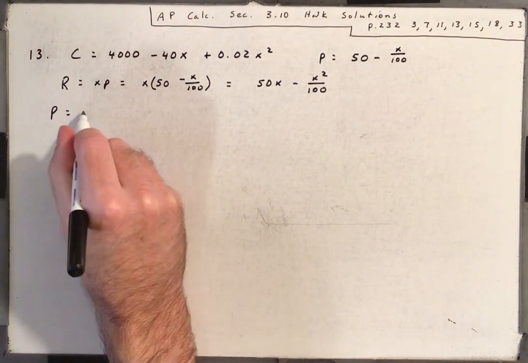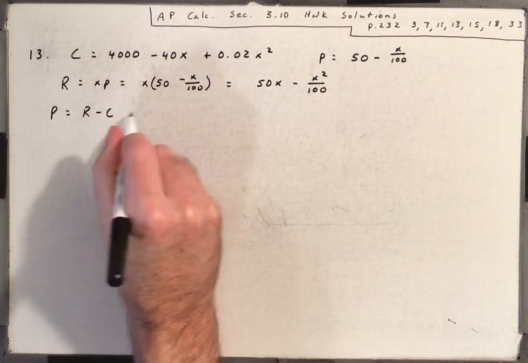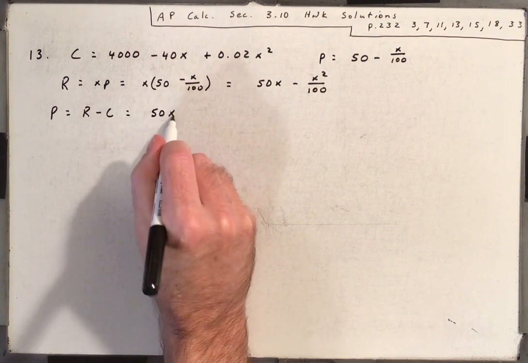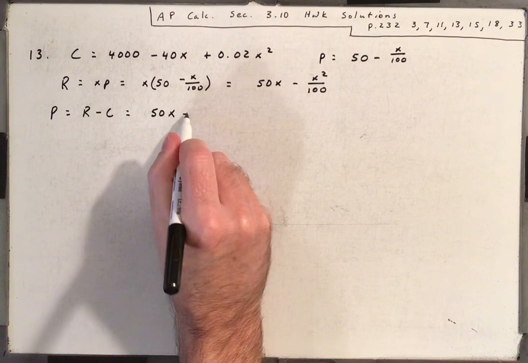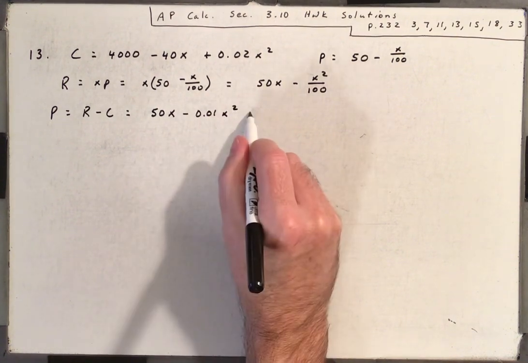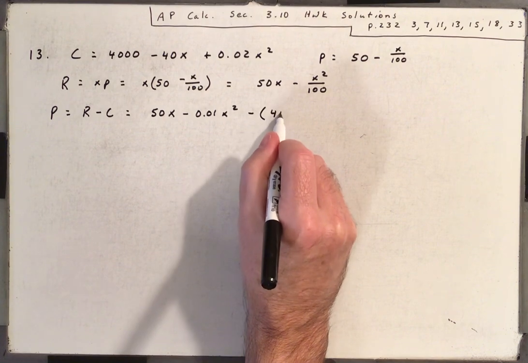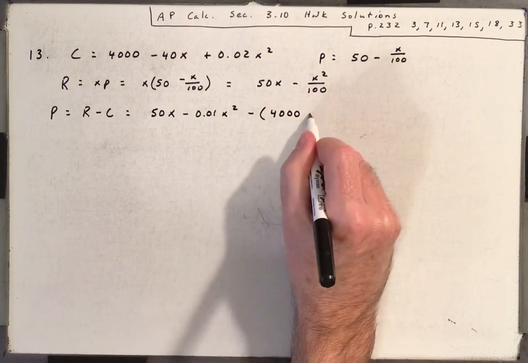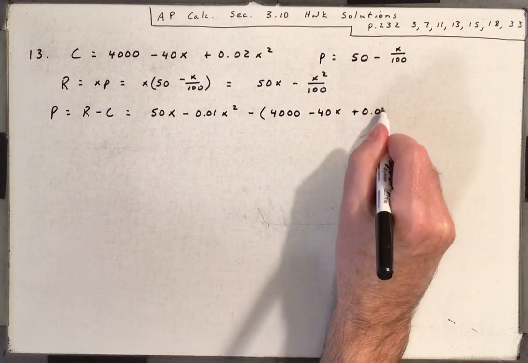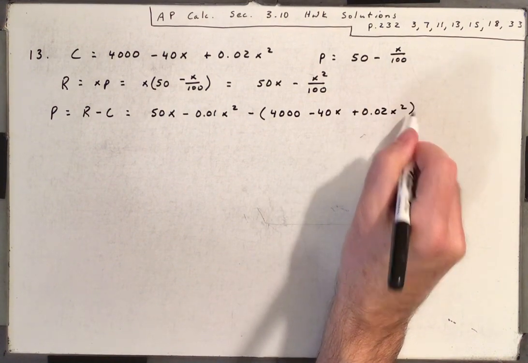Profit is revenue minus cost. So that's going to be 50x. I'm going to change this to decimal, minus 0.01x squared minus the cost, which is 4,000 minus 40x plus 0.02x squared.